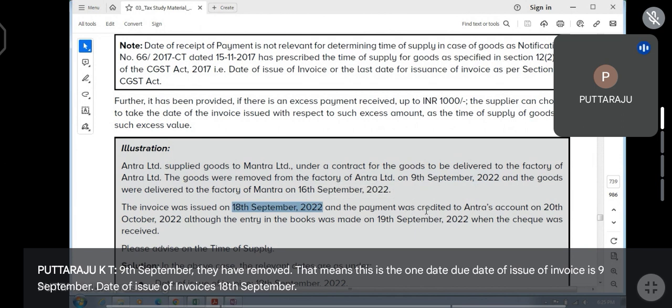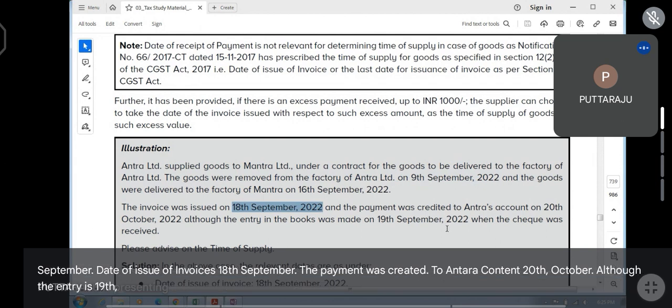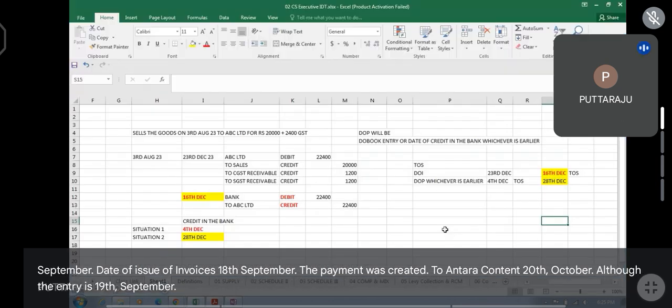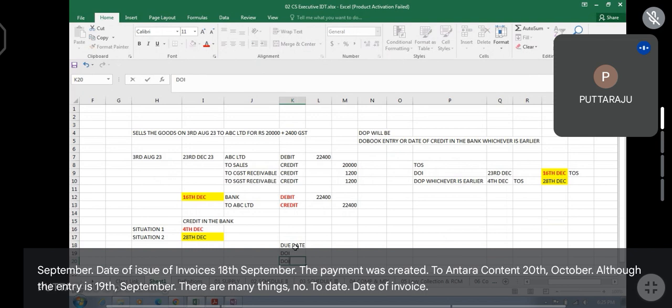The payment was credited to Antra's account on 20th October, although the book entry is 19th September. There are many things now: due date, date of invoice, date of book entry, date of credit.